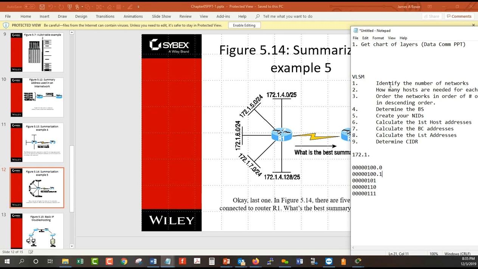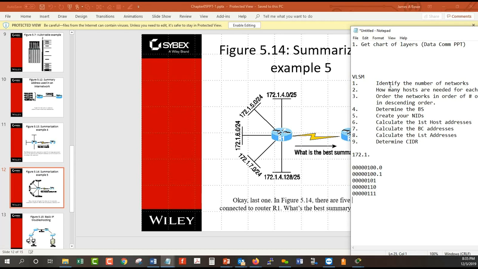Now what I'm looking for when it comes to summarization, I'm asking the question for all of these 5 networks, which bit pattern is common to all of them? And to answer that question, the first 6 bits here are common to all of them. 5 zeros and a 1. Okay? 5 zeros and a 1. That is common to all of them.